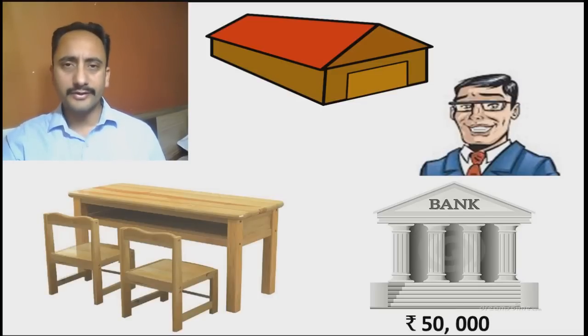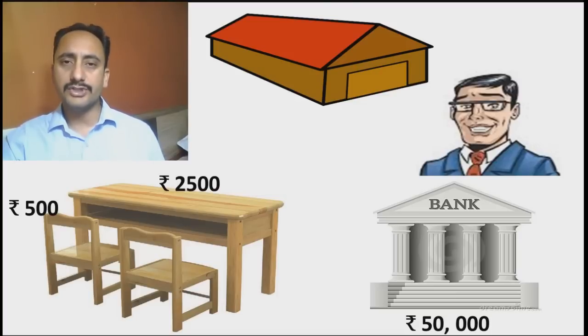He did a lot of survey in the market and he found that the best cost price for a table, which he will get from a wholesaler or a manufacturing unit, is rupees 2500.